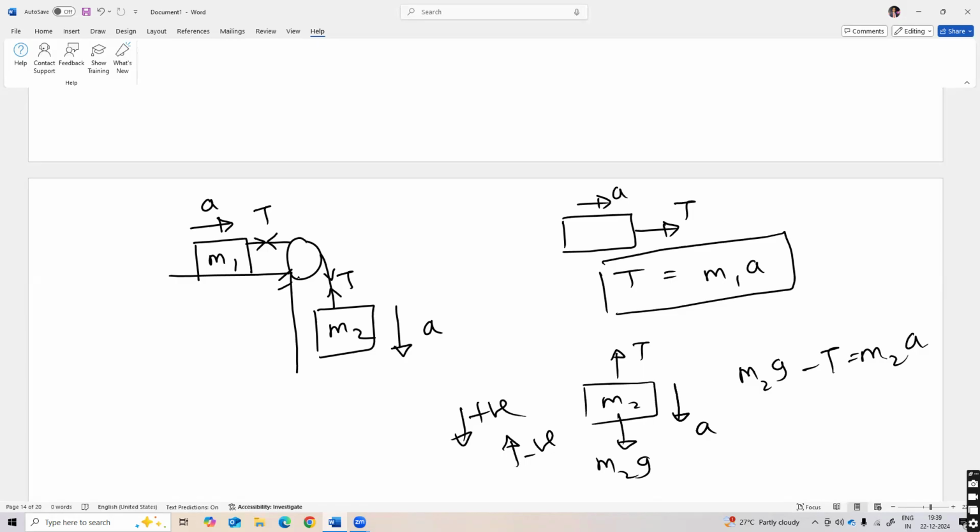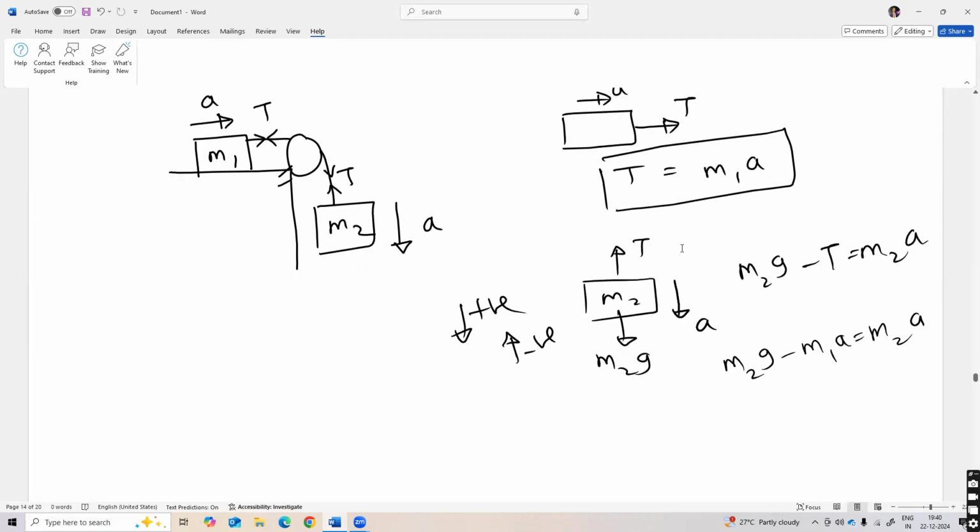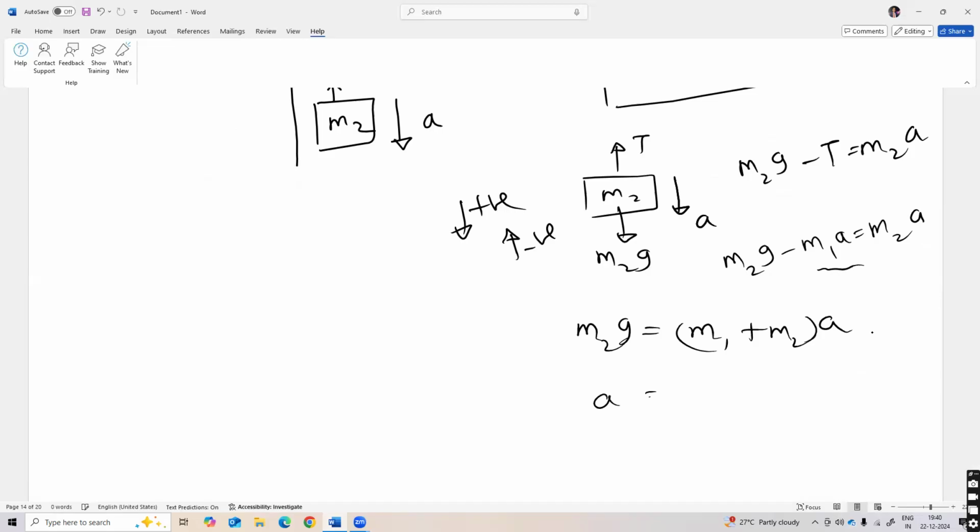Now if we put T equal to m1a, we get m2g minus m1a is equal to m2a. If we move this term to the right side, we get m2g is equal to m1 plus m2 into a. Therefore acceleration is m2g divided by m1 plus m2.